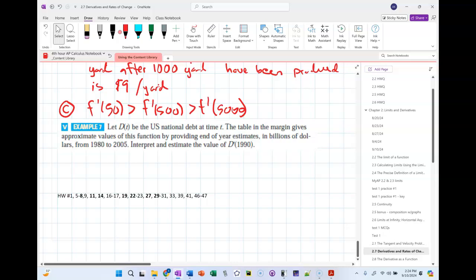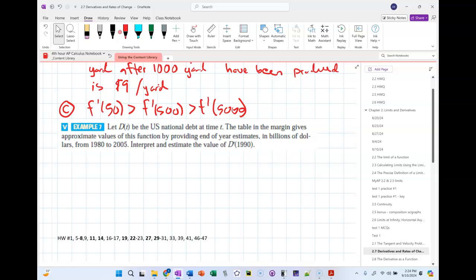All right. Our last example, I lied, there was one more. It says let D of T be the U.S. national debt at time T. The table in the margin, oh, I didn't give you the table in the margin. Way to go, Mr. Kulik. Let me drop that in there.